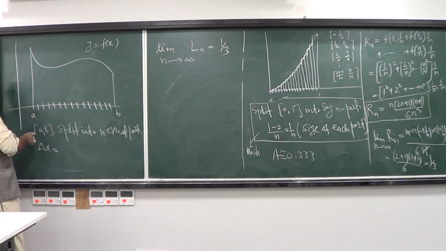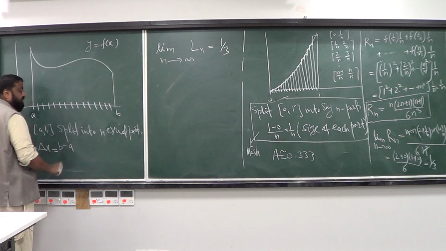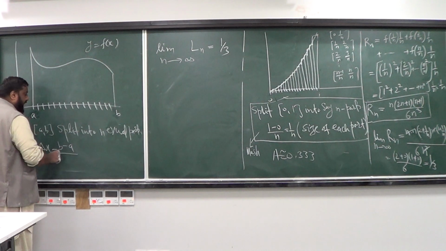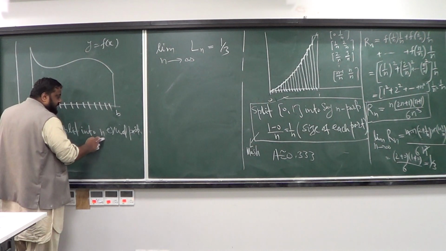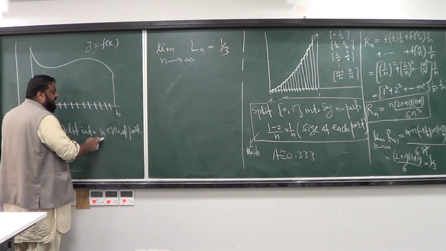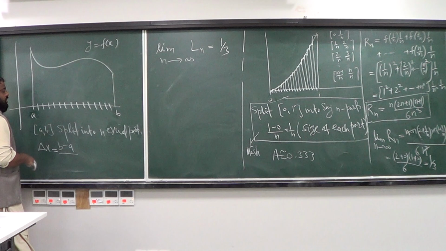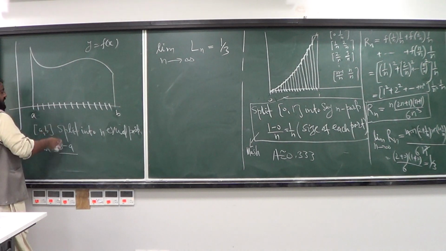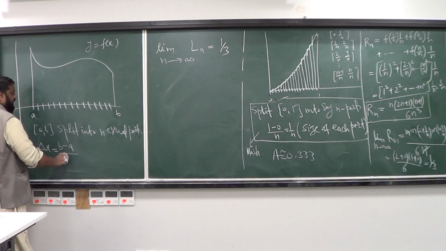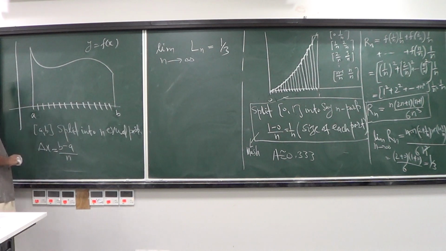Compute the length of the interval, which is b minus a, and divide it by the number of parts in which you want to split this. So if you want to split it into 10 parts, divide by 10. If you want to split it into n parts, divide by n. Okay, divide by n.